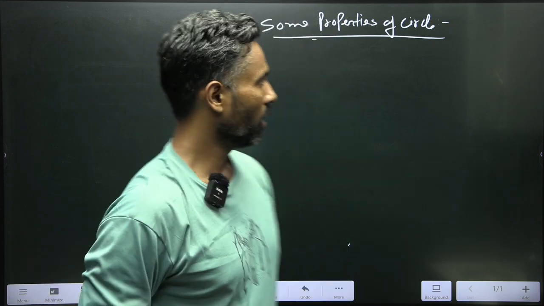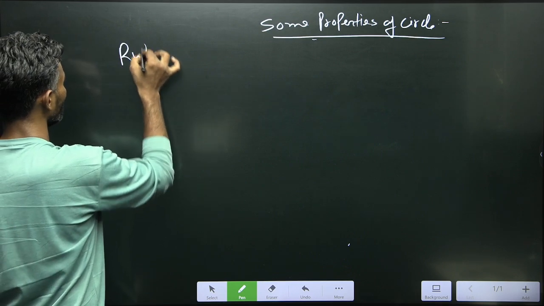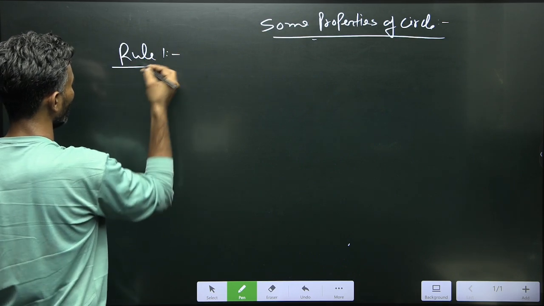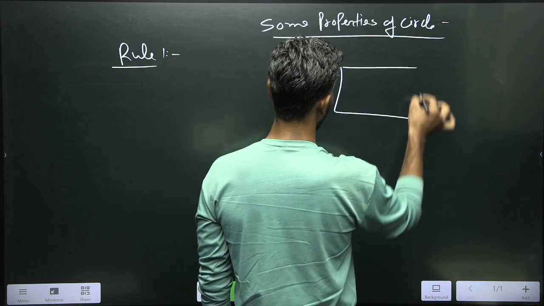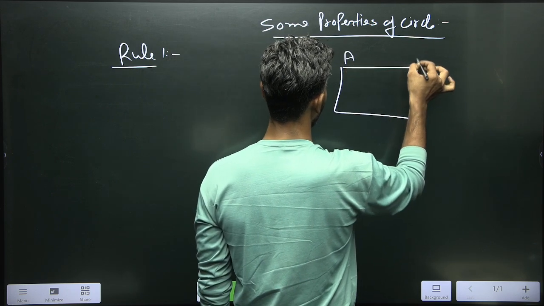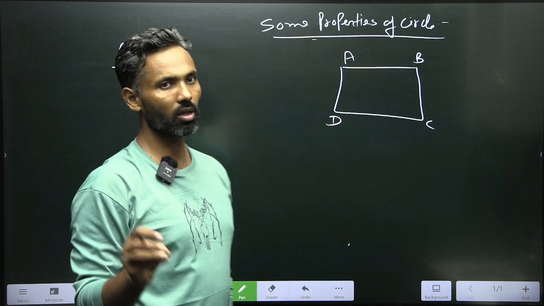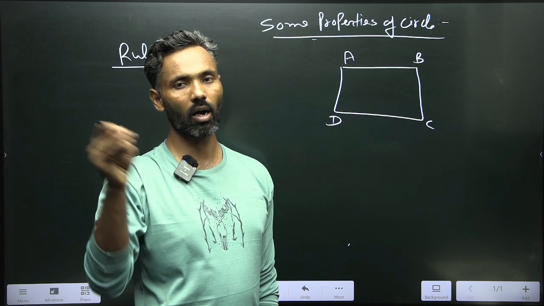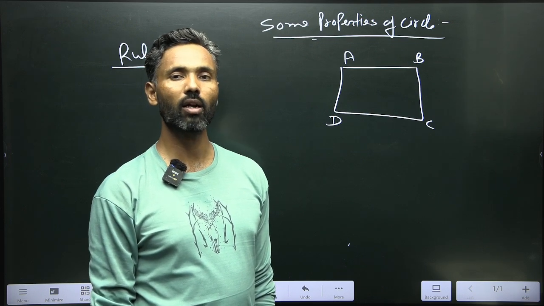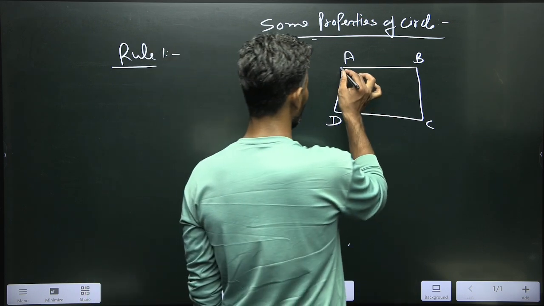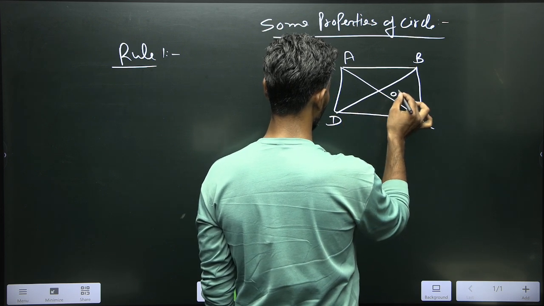Property number 1, or rule number 1, says that if there is a quadrilateral named ABCD, and it is mentioned in the question that the diagonals of the quadrilateral are intersecting each other at 90 degrees, so this is diagonal 1, AC, and another diagonal is BD, and both the diagonals intersect over here at 90 degrees.